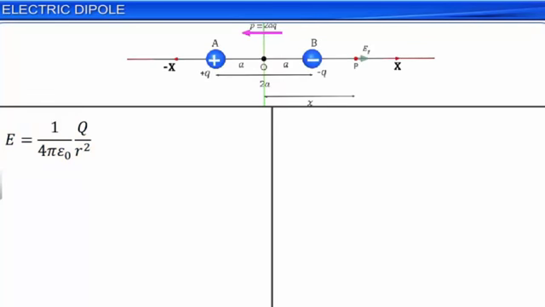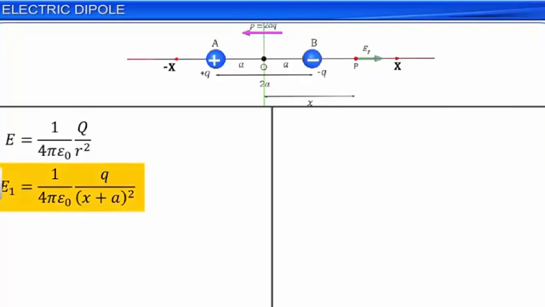Following the expression, the magnitude of the electric field strength E1 due to the charge plus q is equal to 1 by 4 pi epsilon naught, q by (x plus a) squared. Let this be equation 1. The direction of this electric field is in the direction opposite to that of the dipole moment.